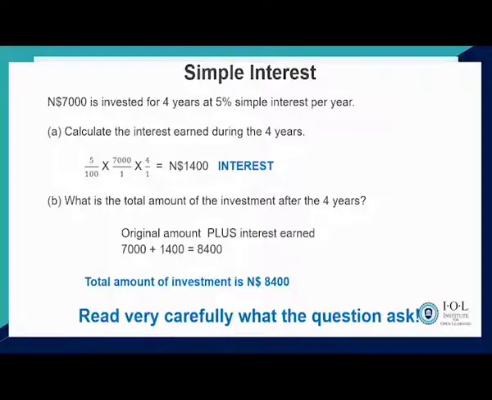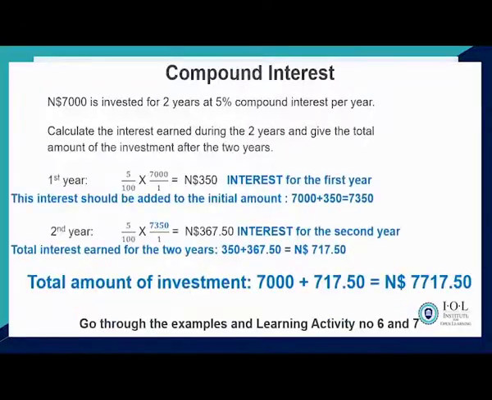When it's compound interest, that's another story. You can use the formula, but you have to work out each one step by step, each year on its own, because that interest, let's look at the example there, now becomes part of my investment. Now each year, my invested amount becomes bigger.